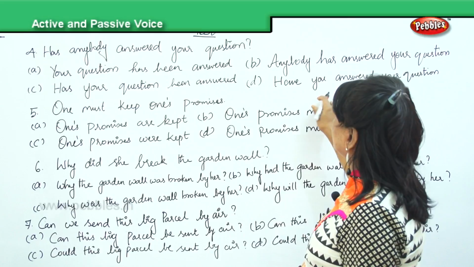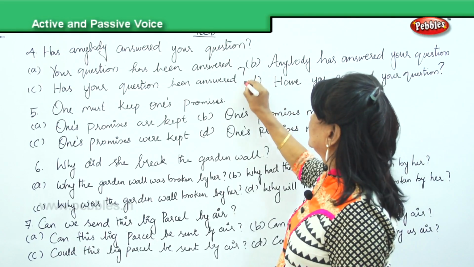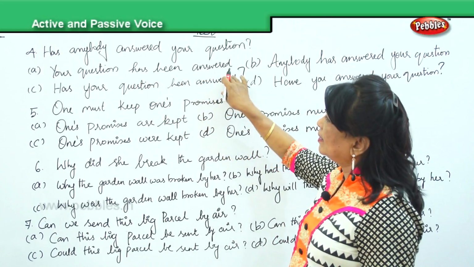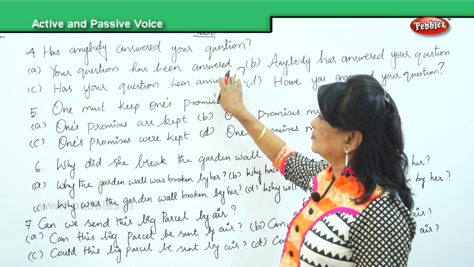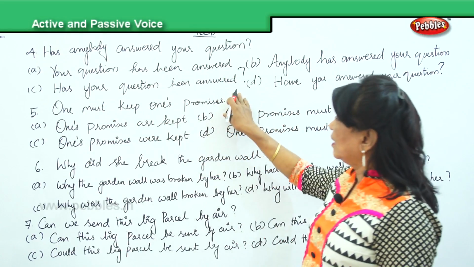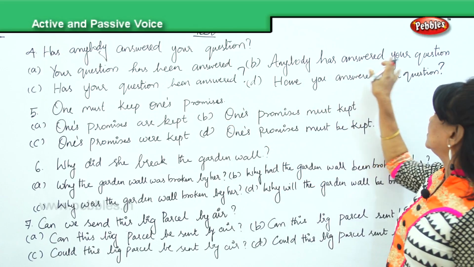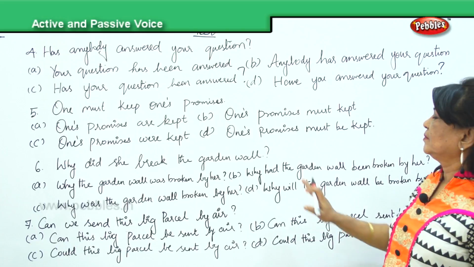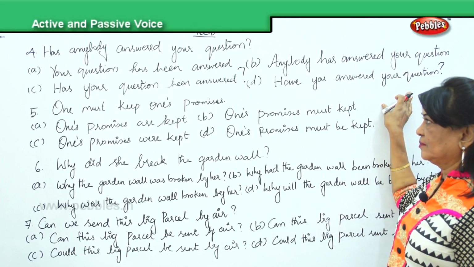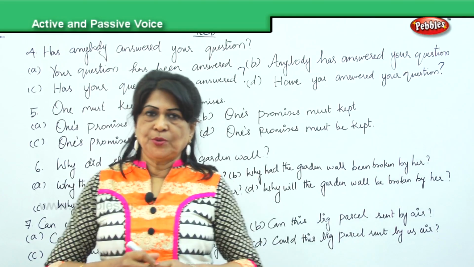And the options here are: your question has been answered. Has your question been answered? Anybody has answered your question. Have you answered your question? Now 4 options, go through it.